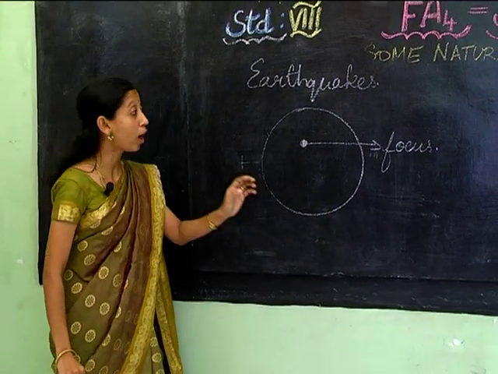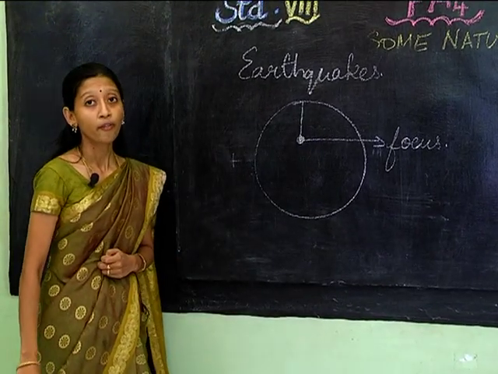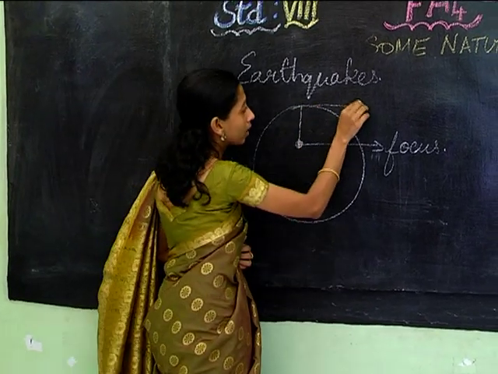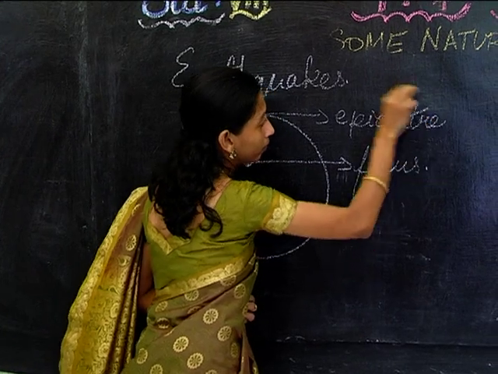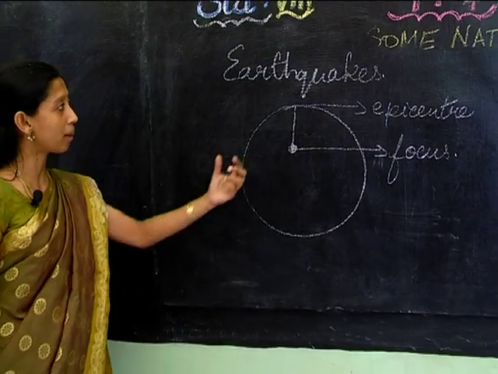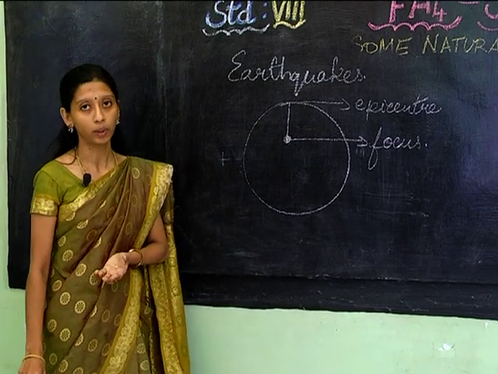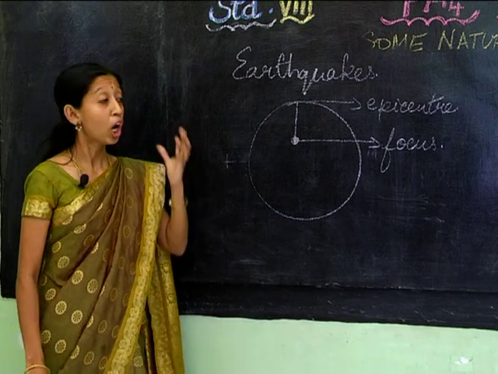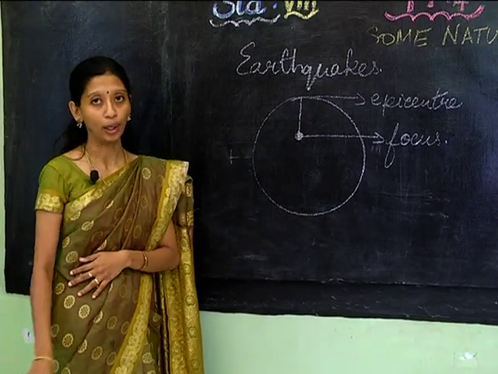The point directly above this focus, where we feel the earthquake on the surface of the earth, is called the epicenter. This epicenter zone is the highly affected zone. If you are living in an epicenter zone, you will be highly affected. Of course, the effect of the earthquake will be felt in the regions all around.